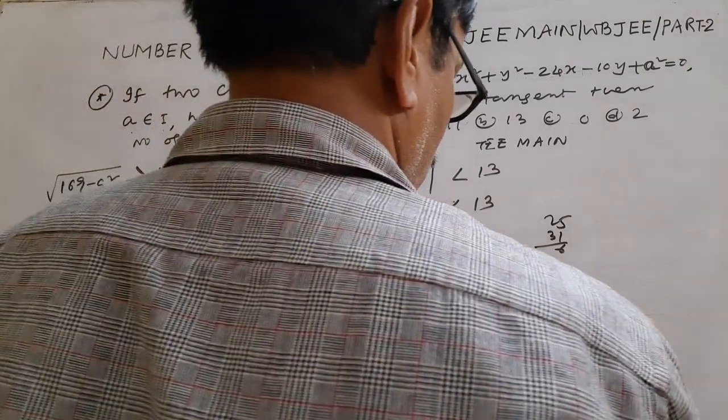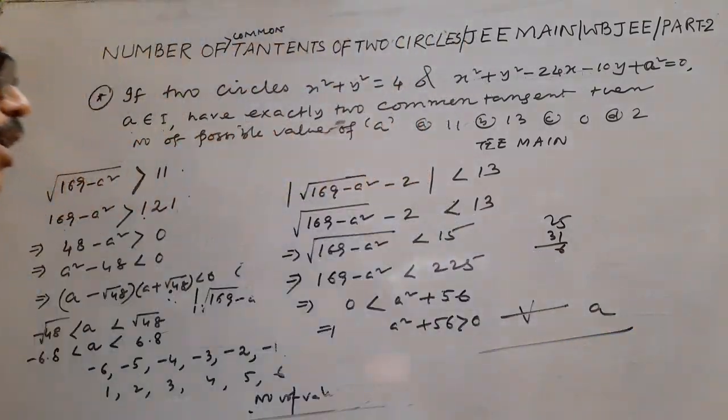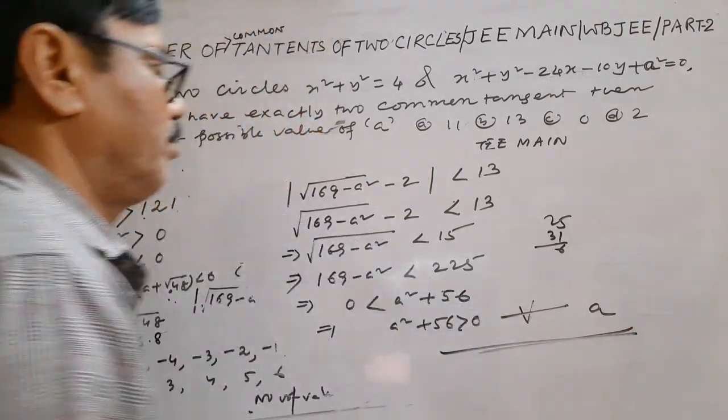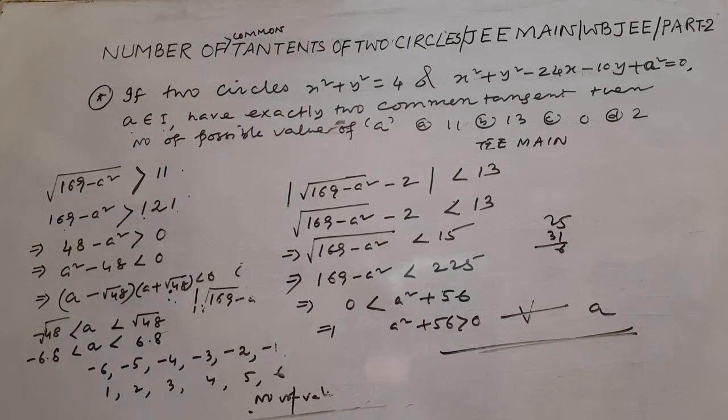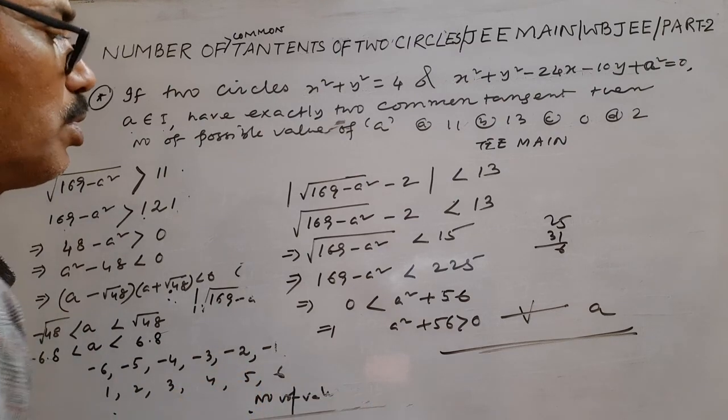This is true for all a. So for all values of a, this is possible. Now how many values of a are we getting? Here we are getting 13 values.